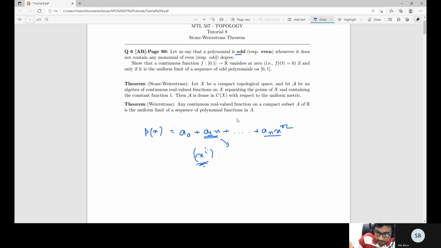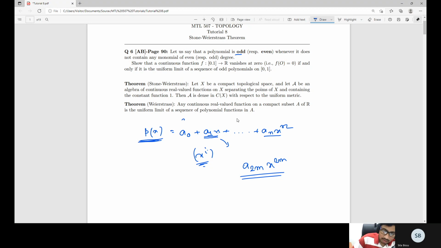Now we call an n degree polynomial an odd polynomial if it does not contain any monomial of even degree. Means the polynomial p is odd if terms of the kind a_2m x^(2m) will not be present in the polynomial, including m equal to 0, means including the constant term.